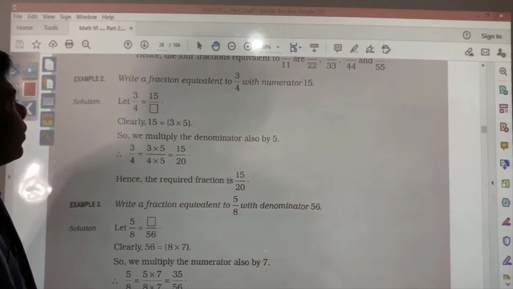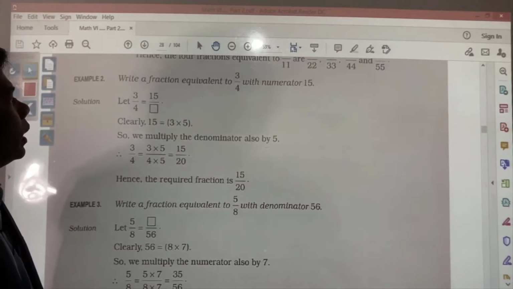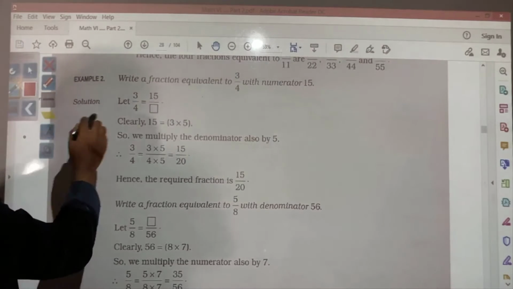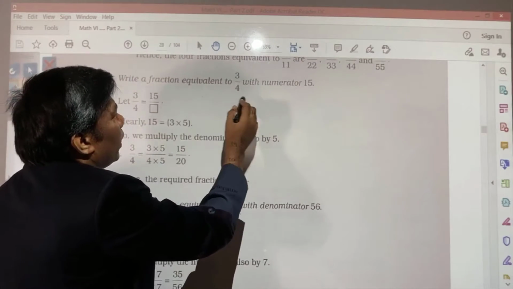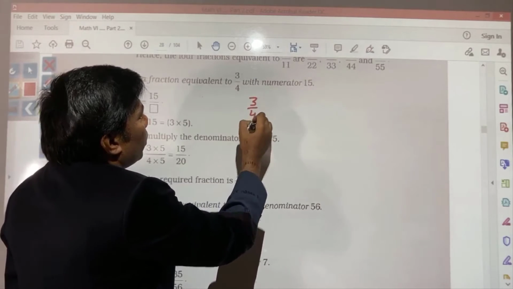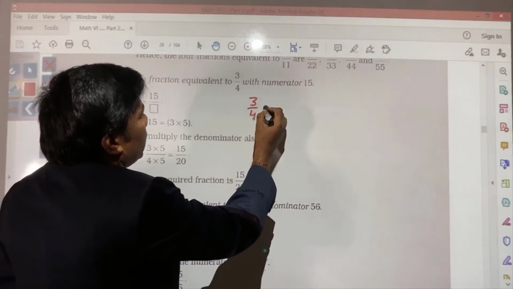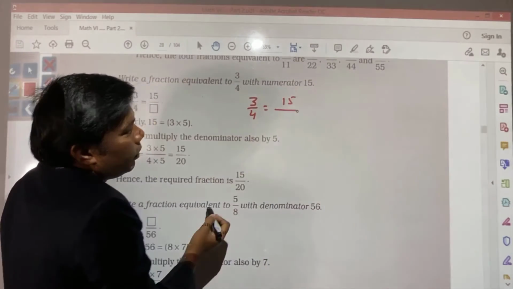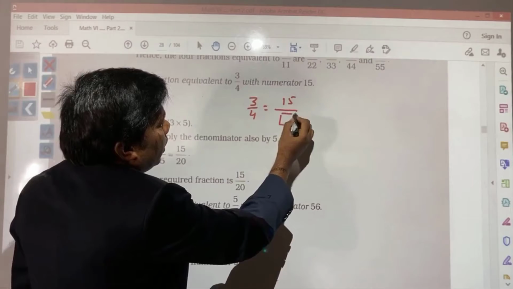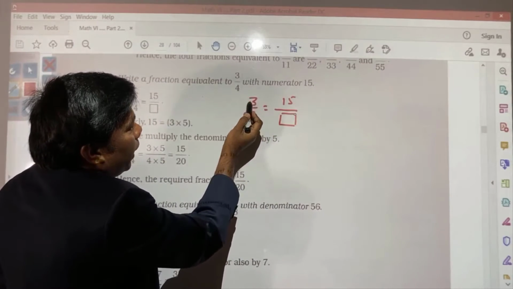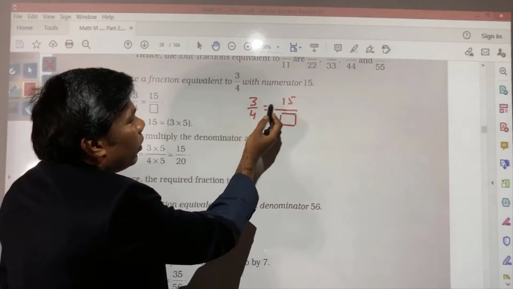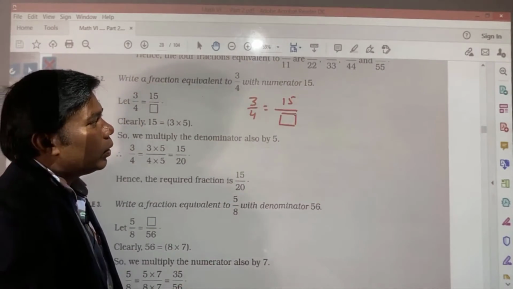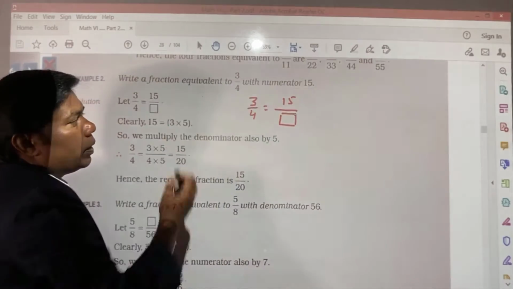Then write a fraction equivalent to 3 by 4 with numerator 15. You need to write an equivalent fraction, but the numerator should be 15. See what number has been multiplied by 3 so that you have got 15. 3 fives are 15, or you can divide 15 by 3.